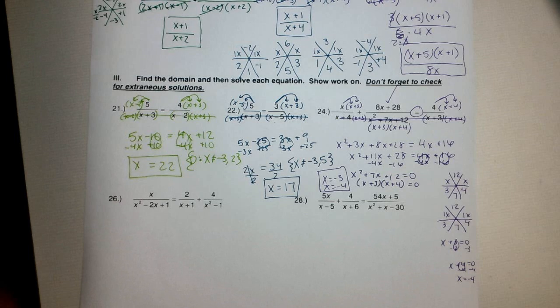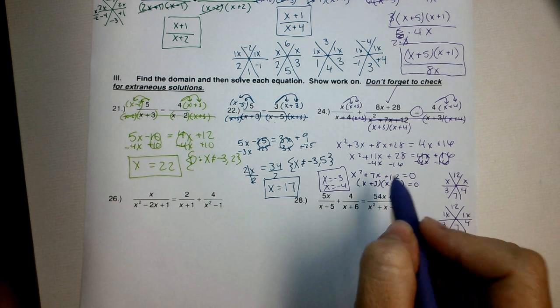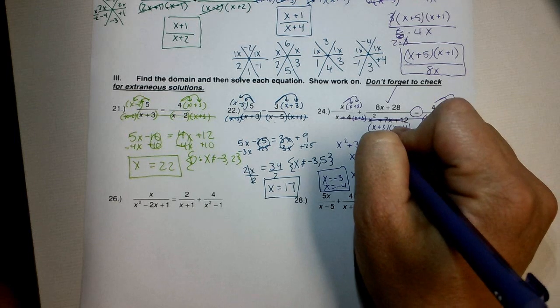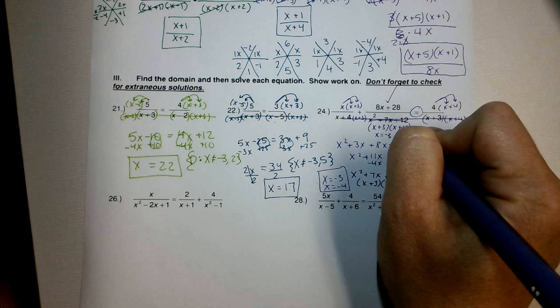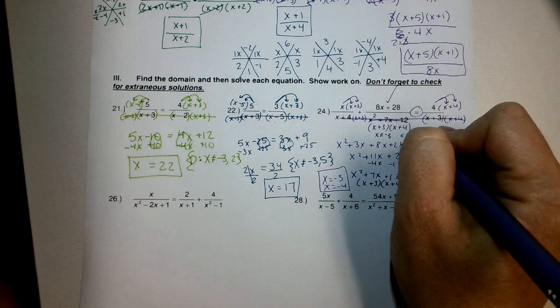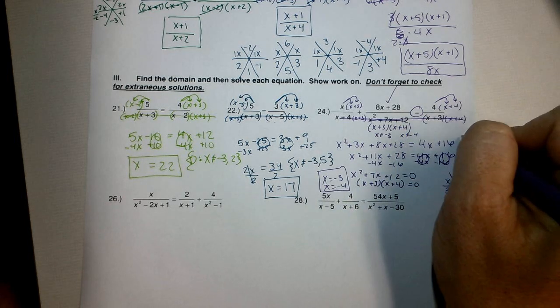And then on this next one, I can't have a negative 3 or a negative 4. Well, that's what we got, so this one is actually no solution.